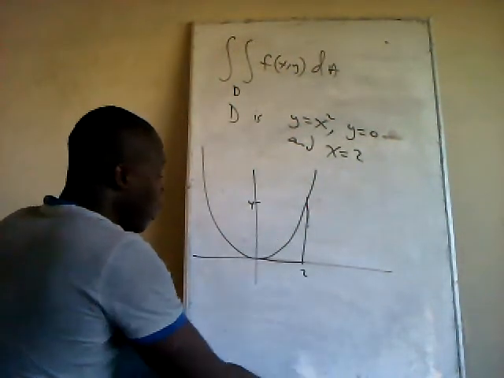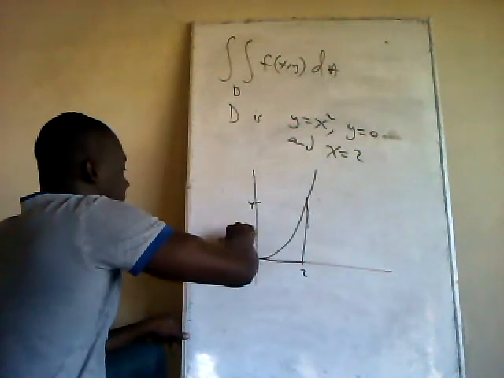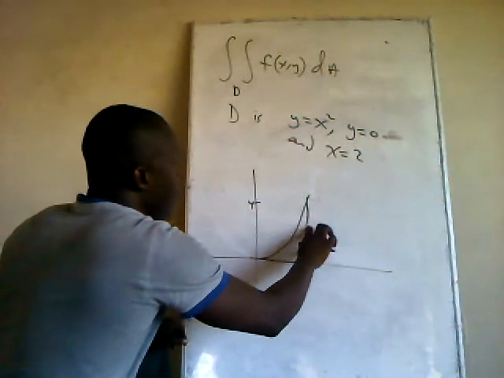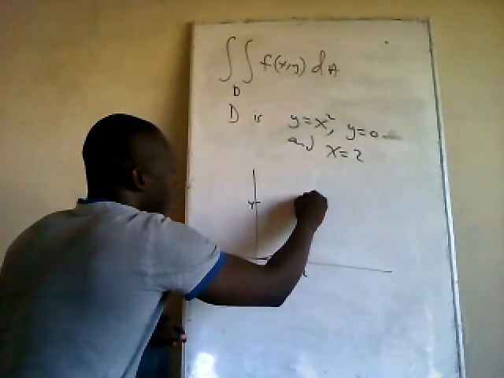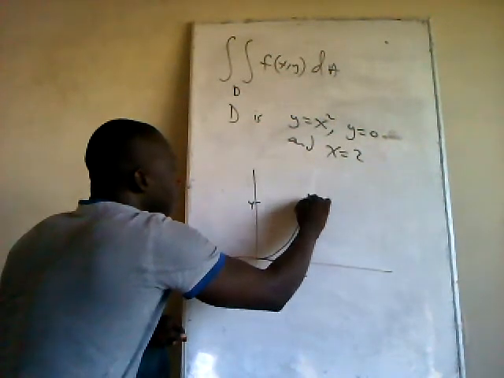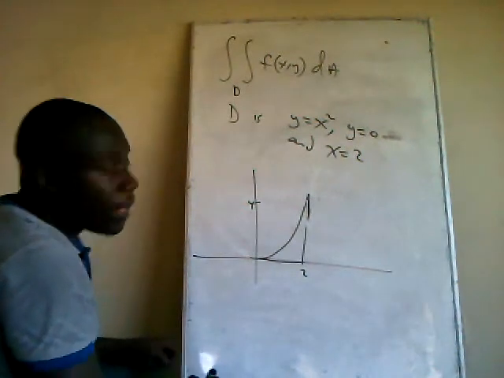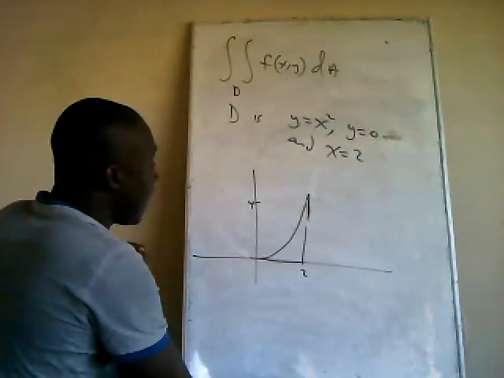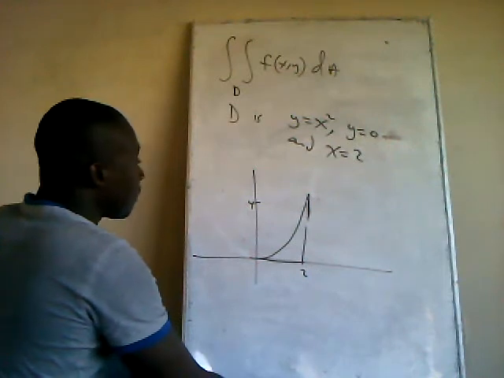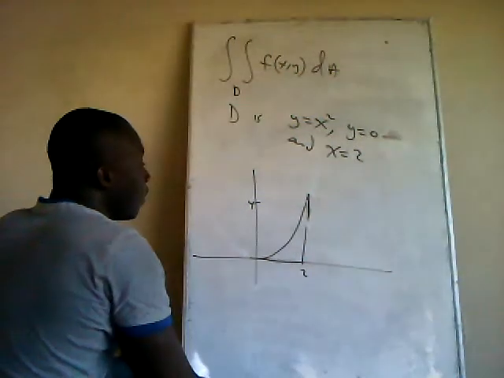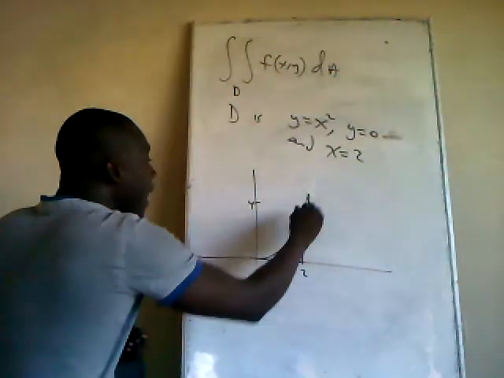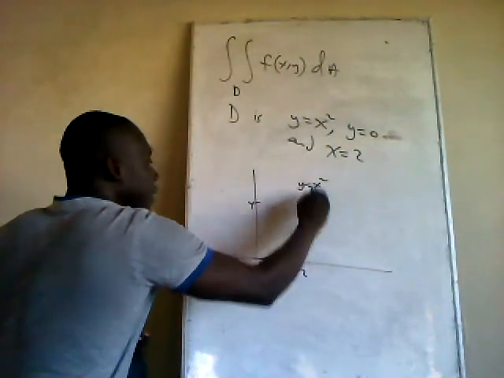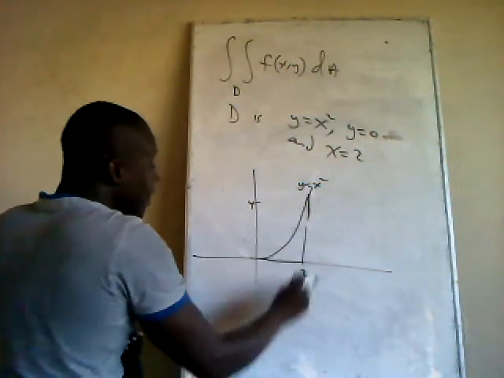Okay, so let me clean this part. I don't really need this part. If this is my region, then let's try and integrate this first with respect to y, then x. Remember, the curve here is y is equal to x squared, and this line is x equal to 2, and this is y equal to 0.